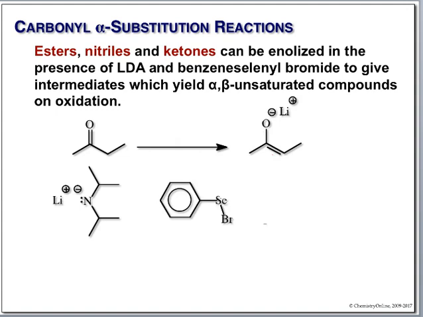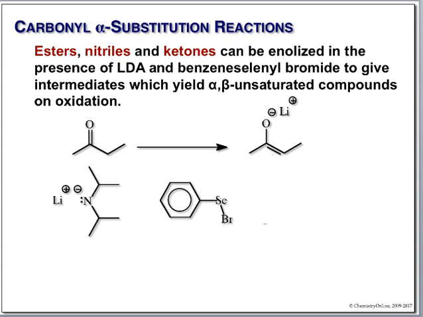Now we're going to use this particular reaction again, so kind of remember it. LDA is called lithium diisopropylamide. Simply pull off the hydrogen and make the enolate as a stable thing.